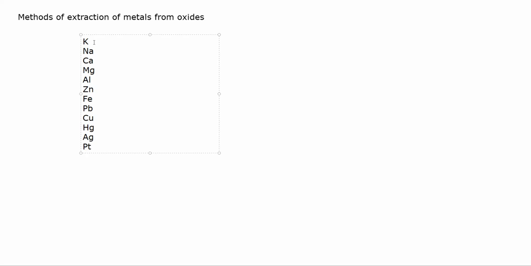But we want to extract them from oxide, like we have potassium oxide, sodium oxide, calcium oxide, magnesium oxide, aluminium oxide, zinc, iron. It can be iron 2 or iron 3.